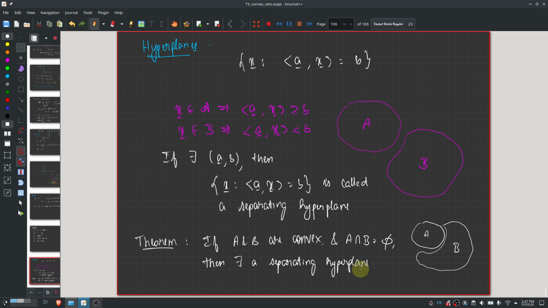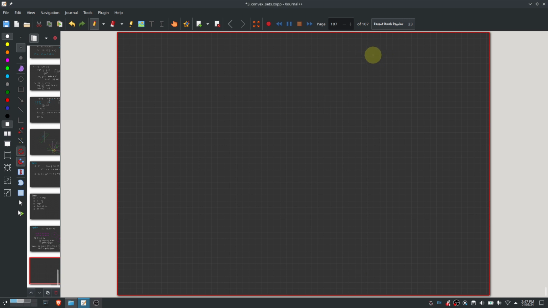I won't prove this particular result, but if you're interested, you can take a look at the textbook by Boyd and Vandenberghe that has a complete proof. But what I'm more interested in are not separating hyperplanes, but what are called supporting hyperplanes. This is the natural generalization of a tangent. You can think of this as the tangent plane to a given set.